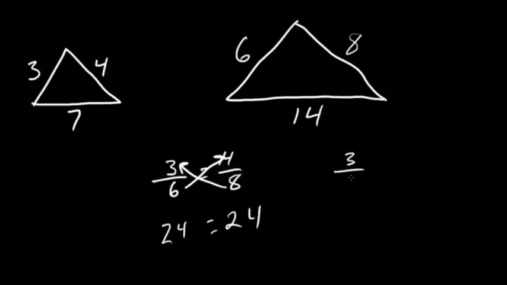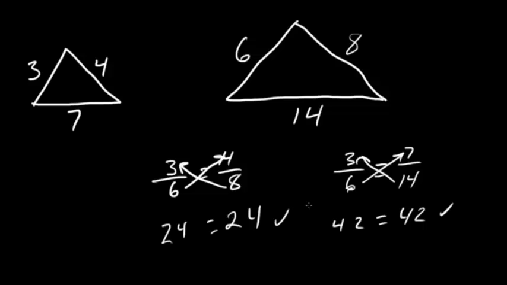So we can go 3 over 6 equals 7 over 14. And so we're just going to, again, cross multiply. So we're going to end up with 42 equals 42. Check, check. And so now we've been able to show that all the sides are proportional to each other.